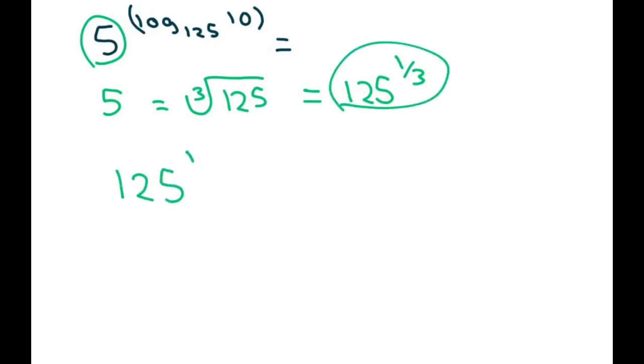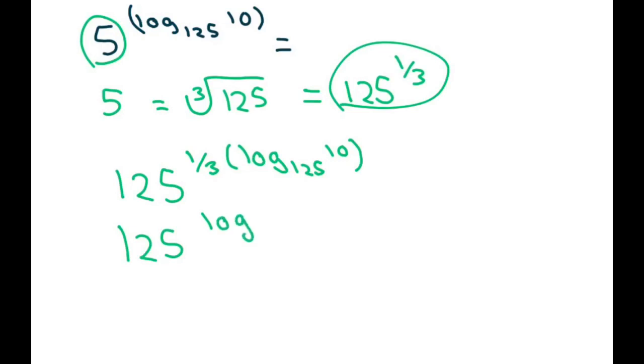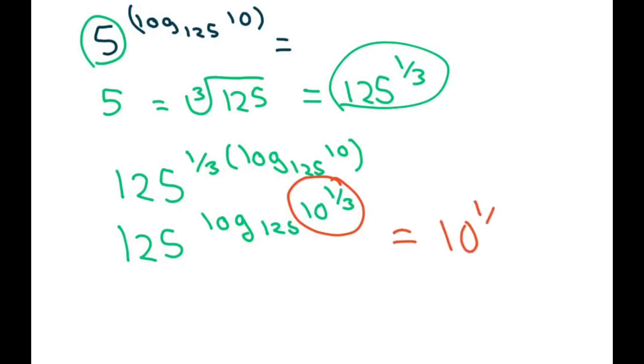So 125 to the 1/3 times log base 125 of 10. Use your power property and move that 1/3 with the 10. So that's 10 to the 1/3. So my final answer, based on my formula, is 10 to the 1/3, which is the cube root of 10. These are equivalent. This is a rational way to write it, and this is the radical way to write it.